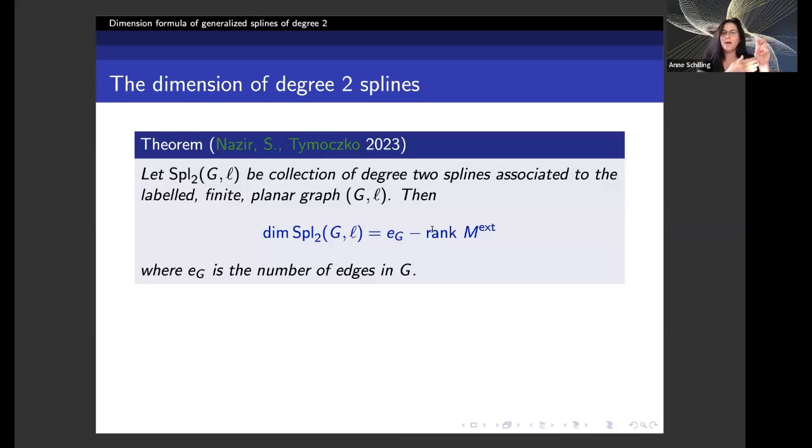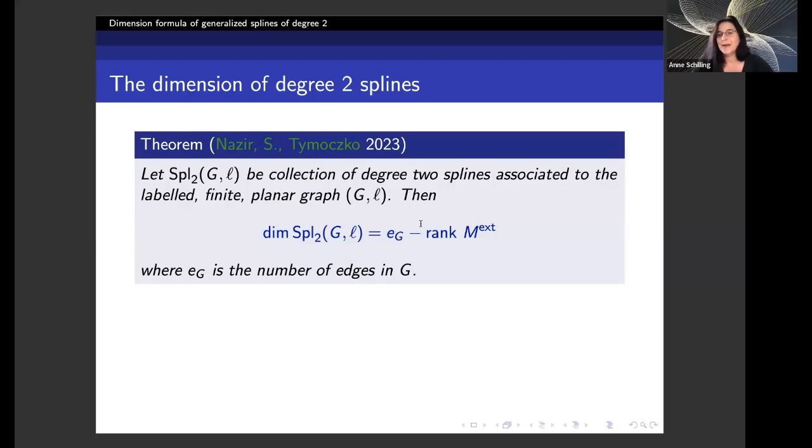Therefore the dimension is reduced by the rank of this matrix. And why the number of edges? Well, think about the tree case again. If I take out the constant spline, then the number of edges really tells me the dimension of the spline. In our very first example, we had 2 edges, and if I take out the constant one, the dimension is 2, or in our case it was 3 if we take the constant one.